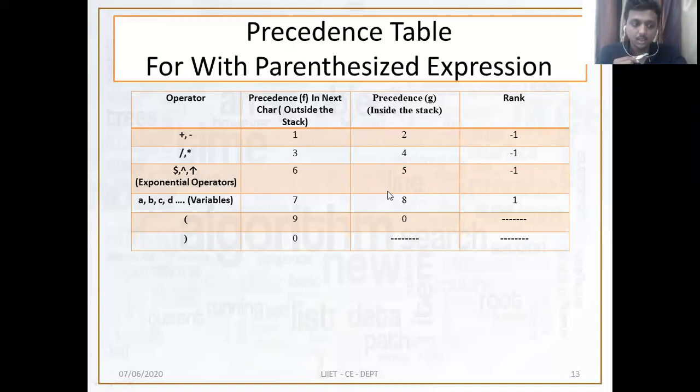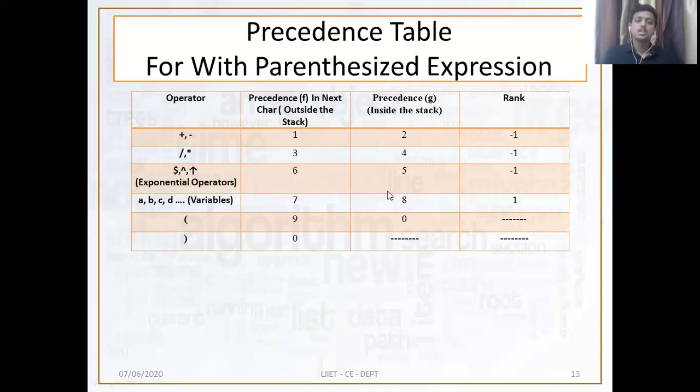Is that fine? Okay. So now, same as without parenthesized expression, please make sure that exponential operators have higher precedence outside the stack and lower precedence inside the stack. Each and every operator rank is -1, operand rank is 1, and there is no rank for opening and closing brackets.